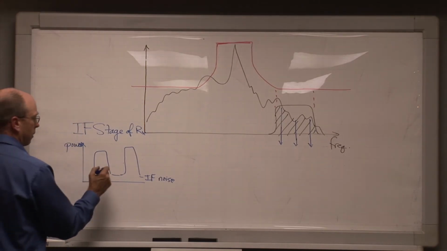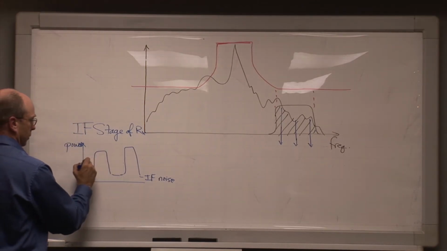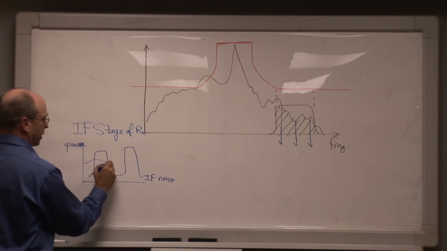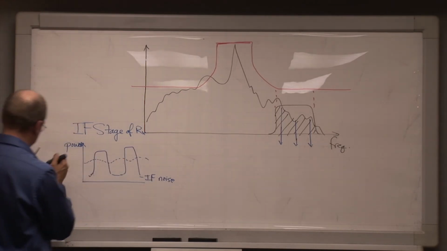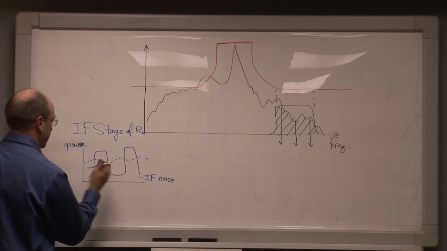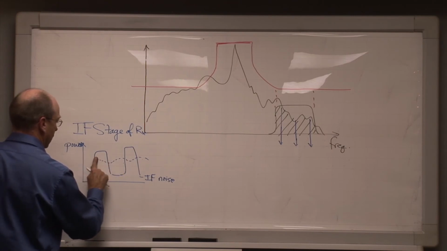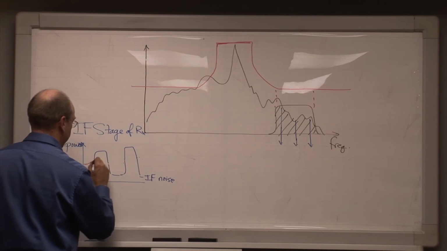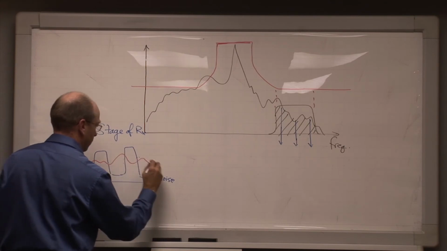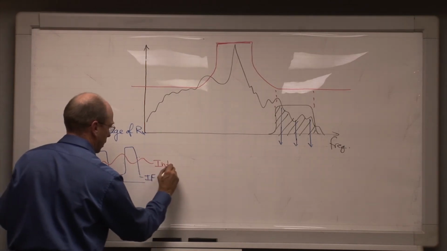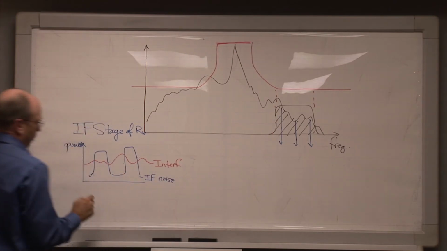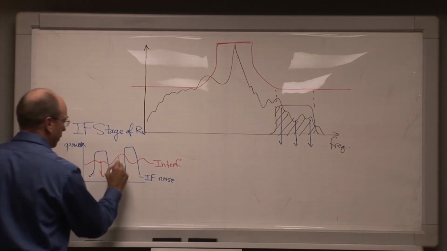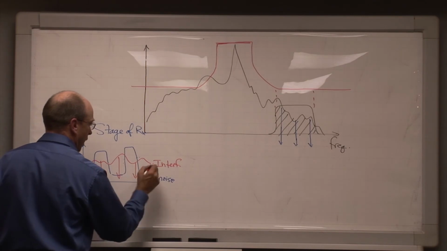Now all we need to know is how low relative to the observed level of the interference, which I'll color code. Here's the level of our interference running across here. We need to know how much that needs to be reduced to get out of trouble.